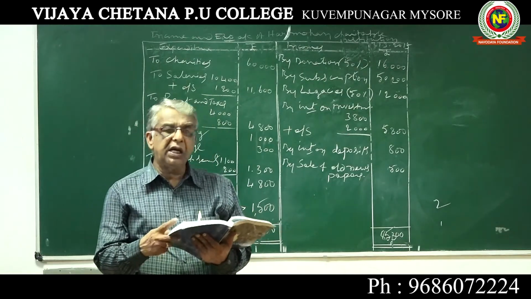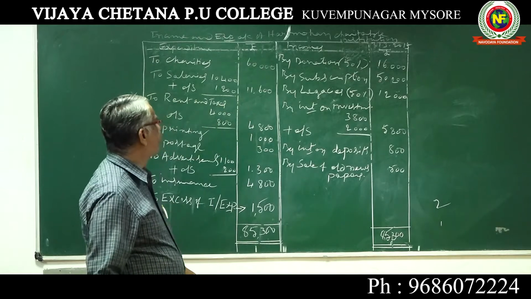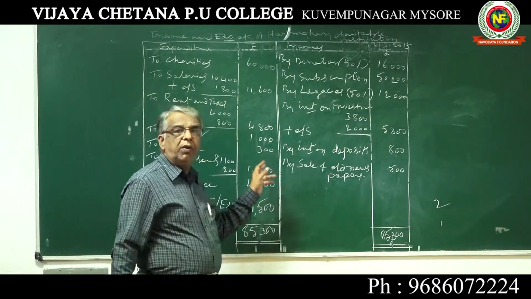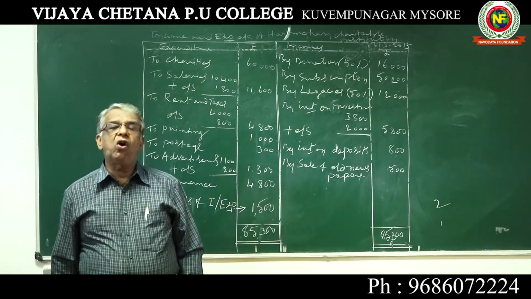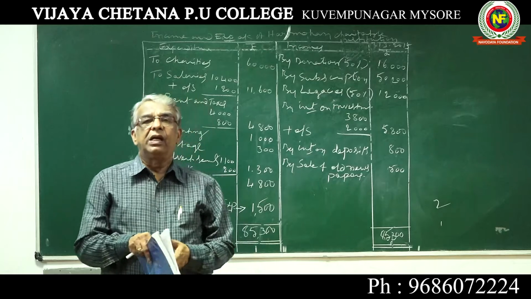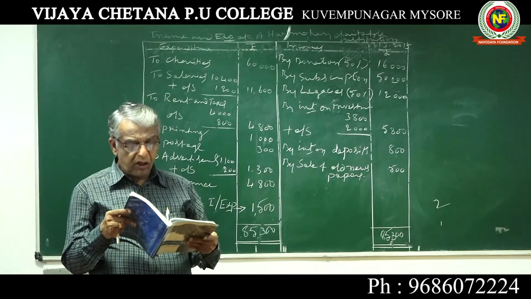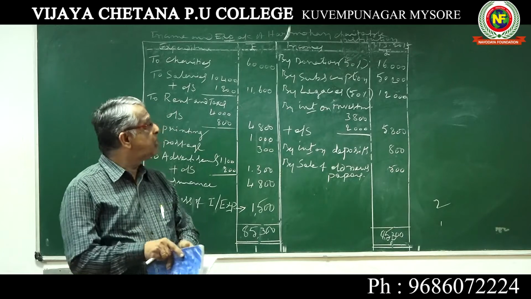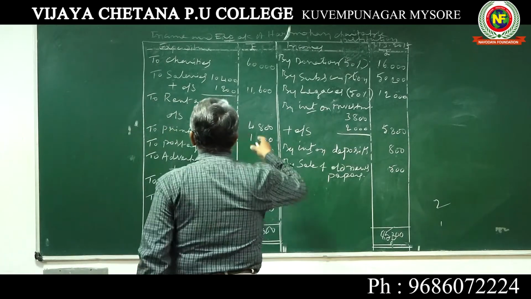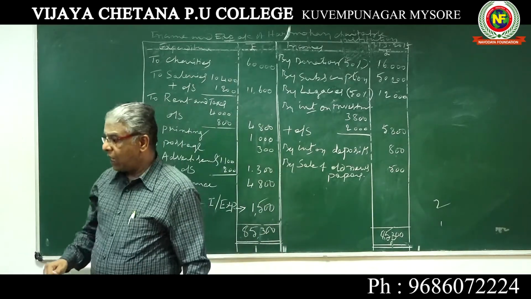Dear students, here he has given some information. With this given information, you are asked to prepare an income and expenditure account. He has not given the date or any name, so you just write the income and expenditure account.